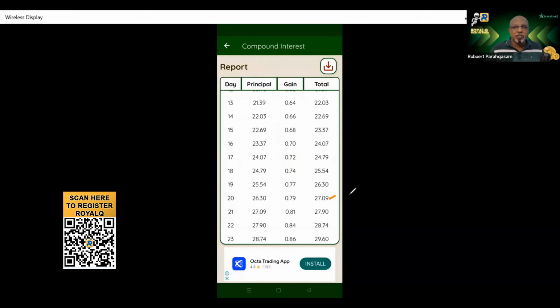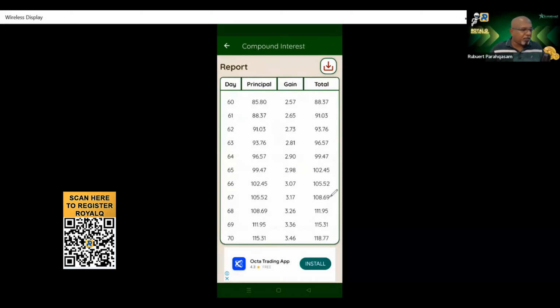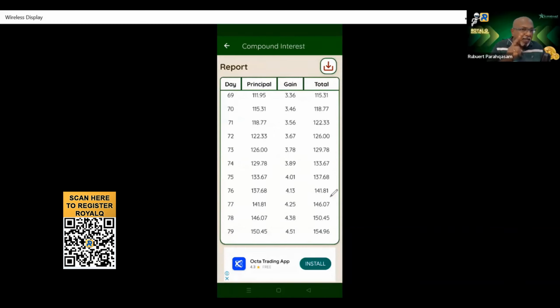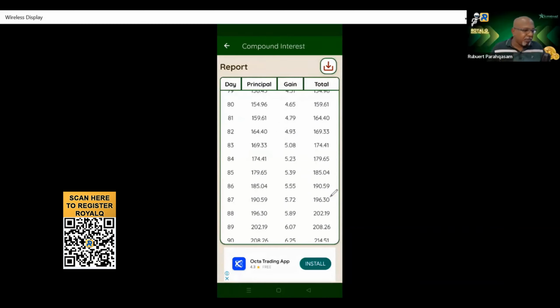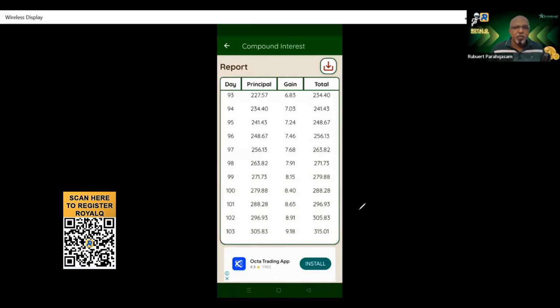You've gone to $27. Wow, not bad. After you've done about 100 trades, not 100 days, 100 trades, you made about $288. Well done. Congratulations. You're not in a rush. This is not a get rich quick scheme, but this is a definitely get rich method.